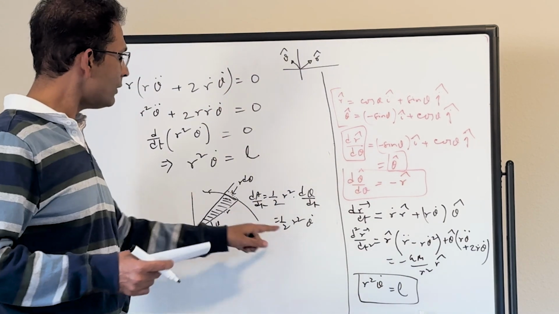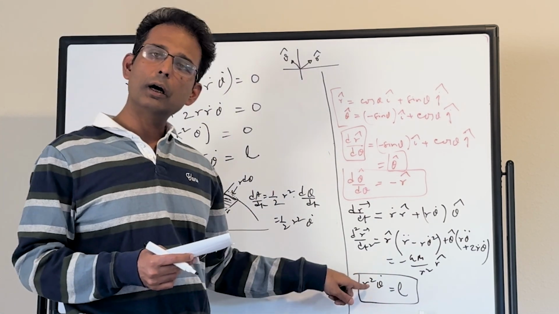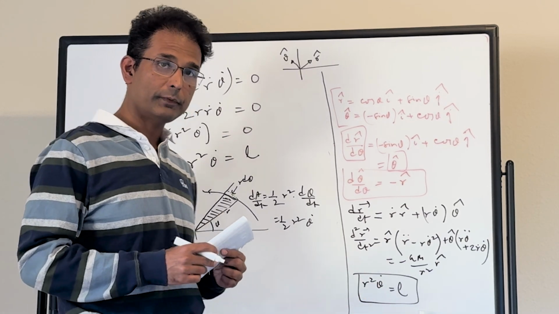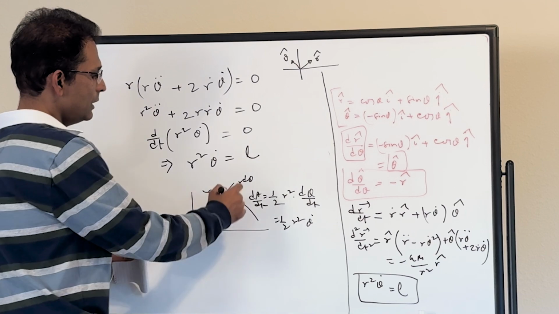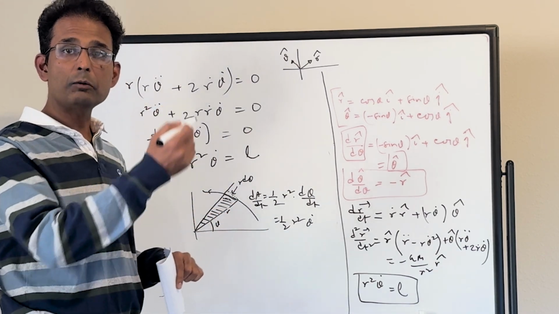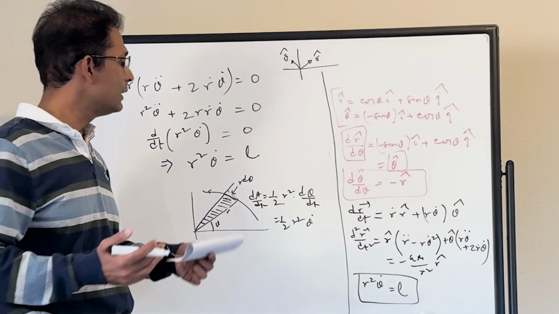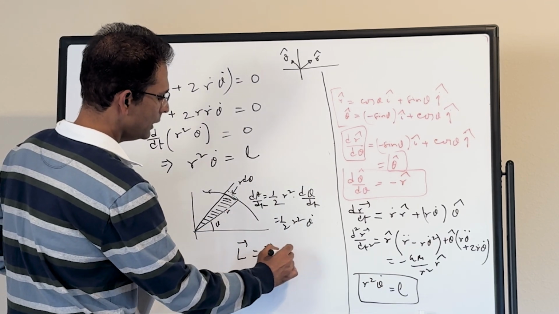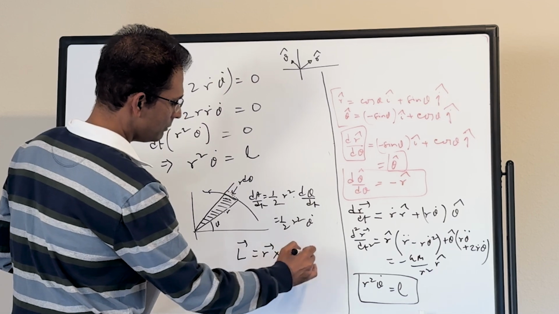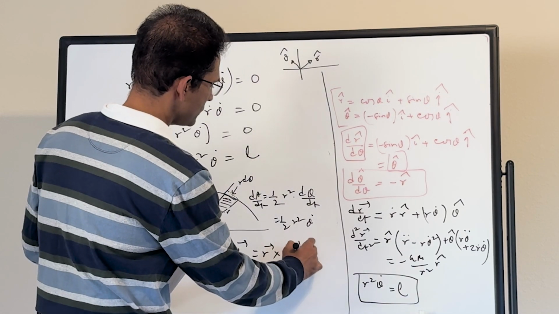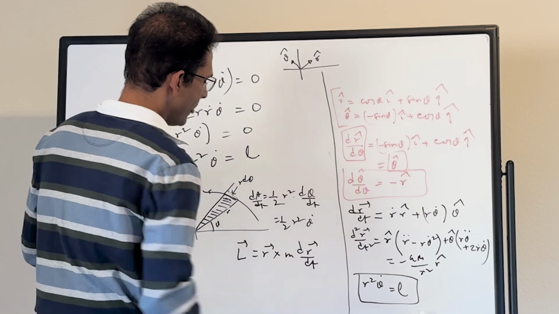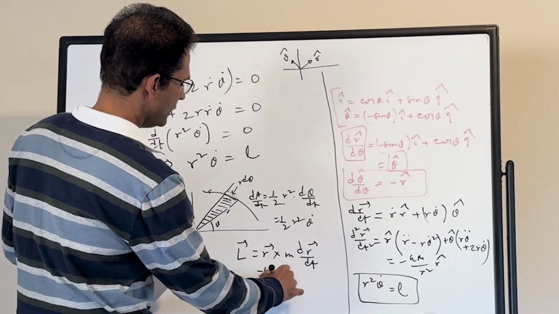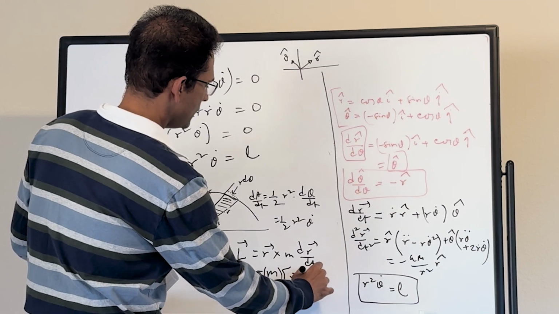Another way to appreciate the physical significance of these is to look at angular momentum. Let me explain what I mean. When any object moves, the angular momentum is given by L equals R cross P, and P is m times the velocity, which is m dr dt. m is a constant, so you can do the cross product: you write m here and R cross dr dt.